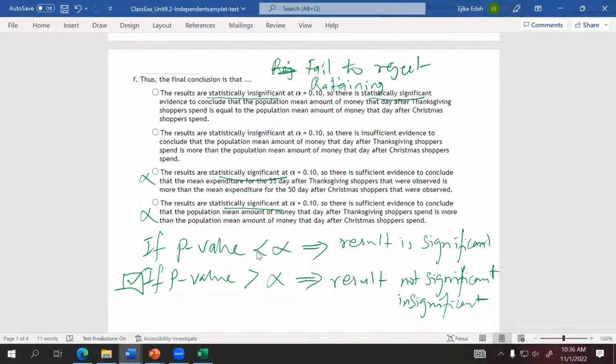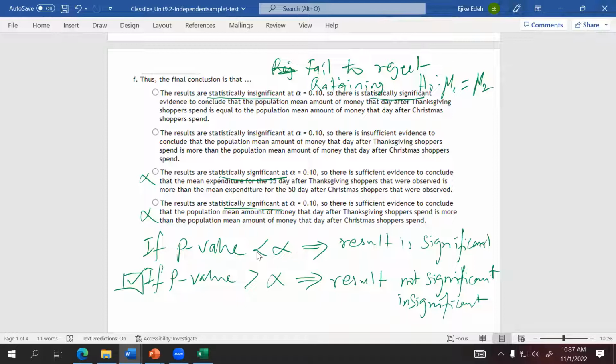The null is that H naught: mu1 is equal to mu2, right? So if we retain the null, then we don't have enough evidence to support the alternative, right? So if this is insignificant, it means there is not enough evidence to support the alternative.